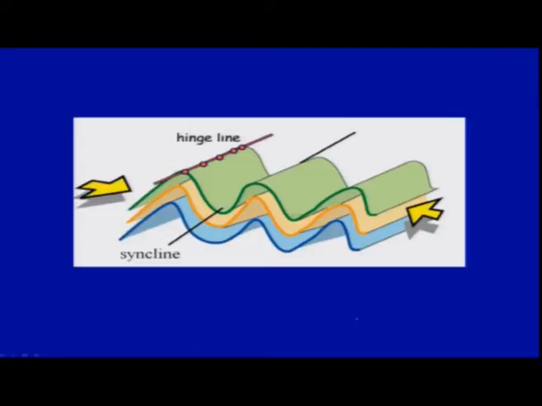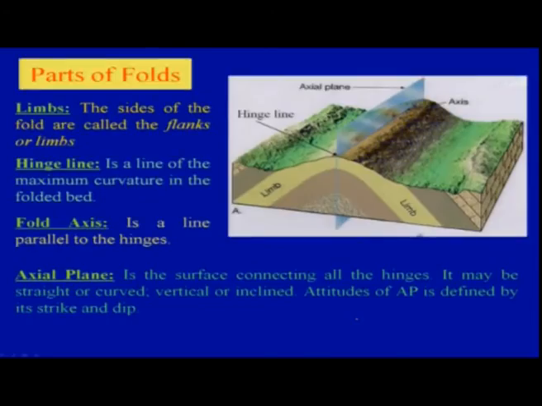So the previous slide which we were looking at, where we have the limbs, if you take this limb here, one is dipping in this direction, another is dipping in this direction. If we have a fold whose limbs are dipping away from each other, then we term that an anticline.